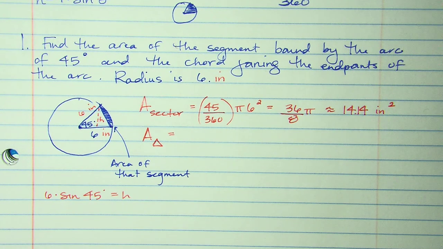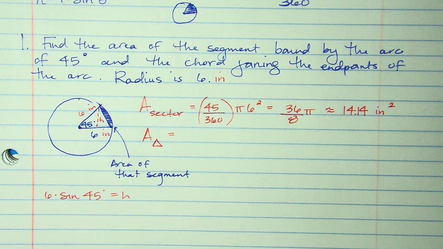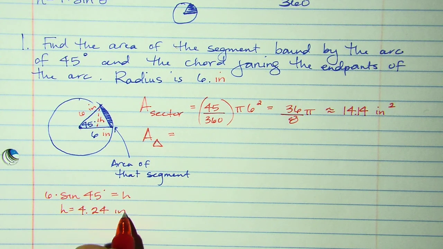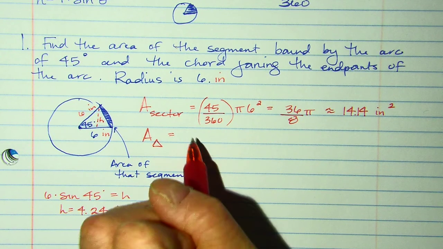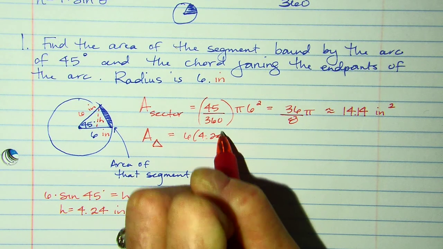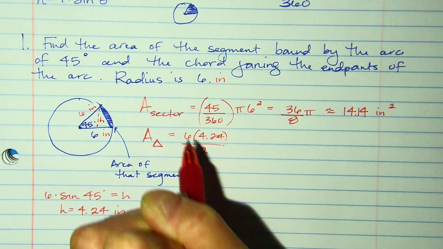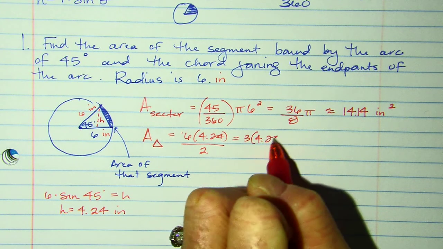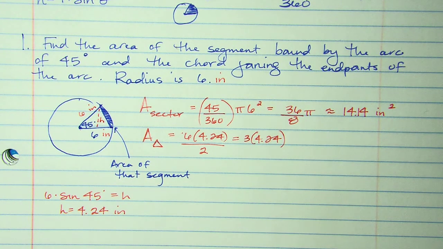And 6 times the sine of 45 is 4.24 inches. So the area of my triangle is 6 times 4.24 over 2, which just means this is 3 times 4.24, right? 6 over 2.